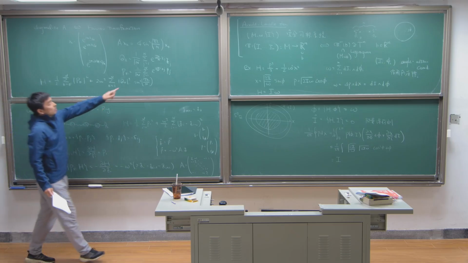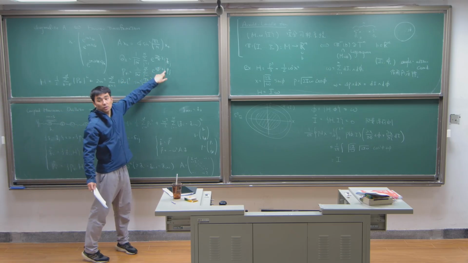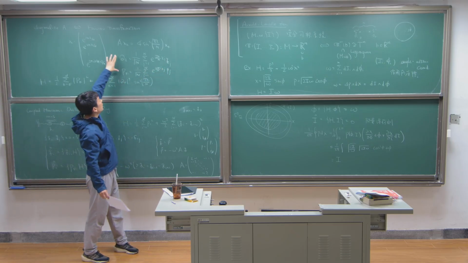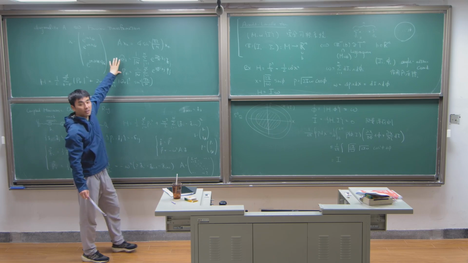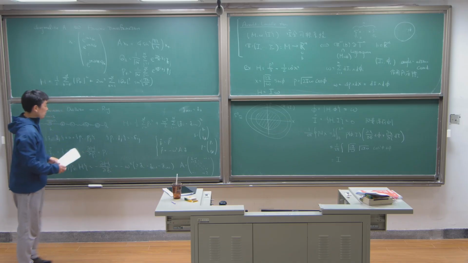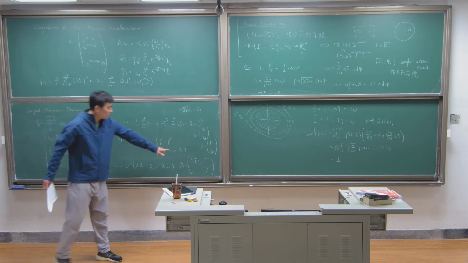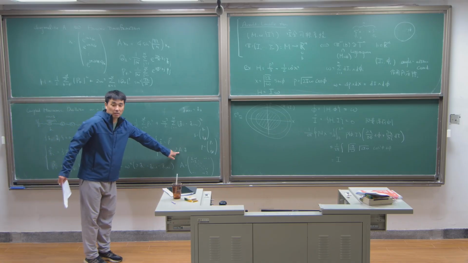So you do the Fourier transformation of q and p, and then you define suitable coordinates capital Q and capital P. Then write down the Hamiltonian, under which A is diagonalized.